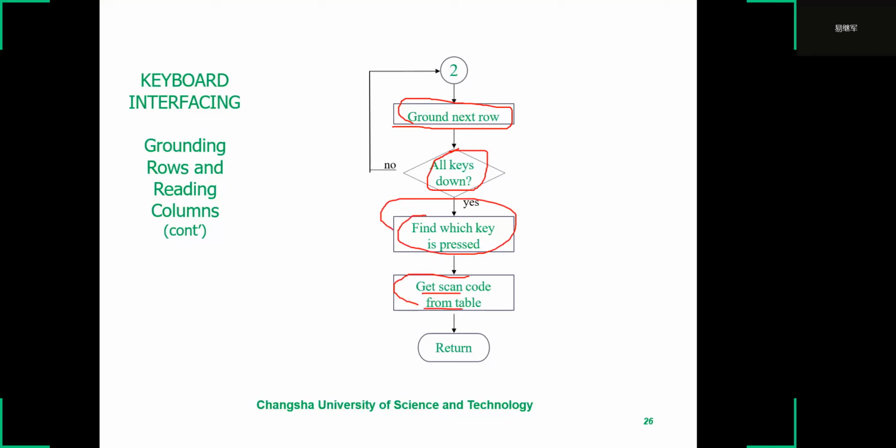We can give the table to the key. So if one key is pressed, we can give the corresponding code for the key and show it.